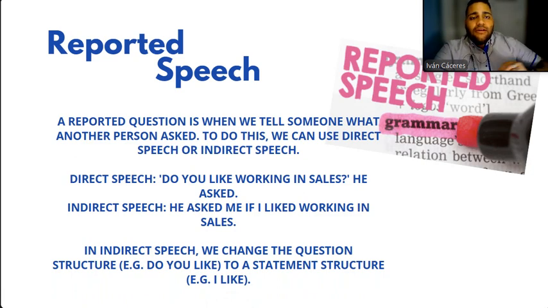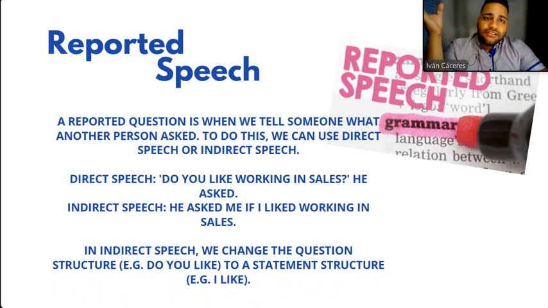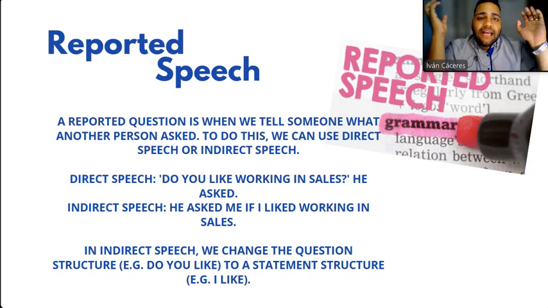Because remember that we can have yes and no questions, and we can have open questions. As we talked in previous encounters, yes and no questions are those that you can only answer with yes or no. They are also known as closed questions. And the open questions are those that can have multiple answers.